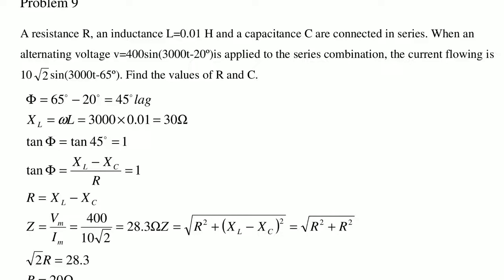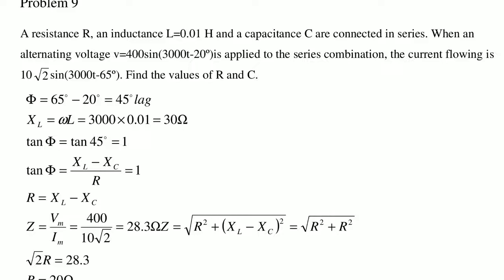So what are they asking? Observe here, once you read it out: a resistance R, an inductance L, and a capacitance C are connected in series. L is 0.01 Henry. The resistance is not given, only the L value is given. That means an RLC series circuit is given.